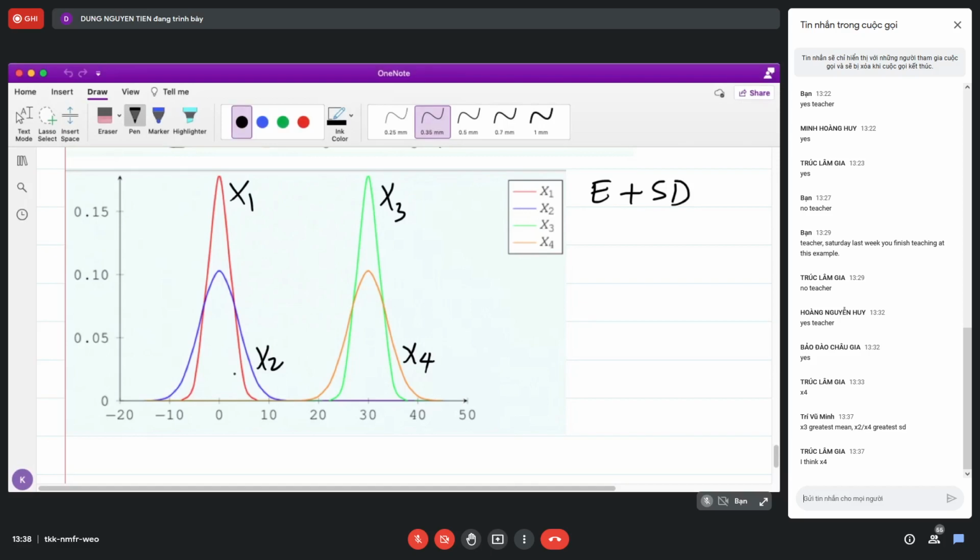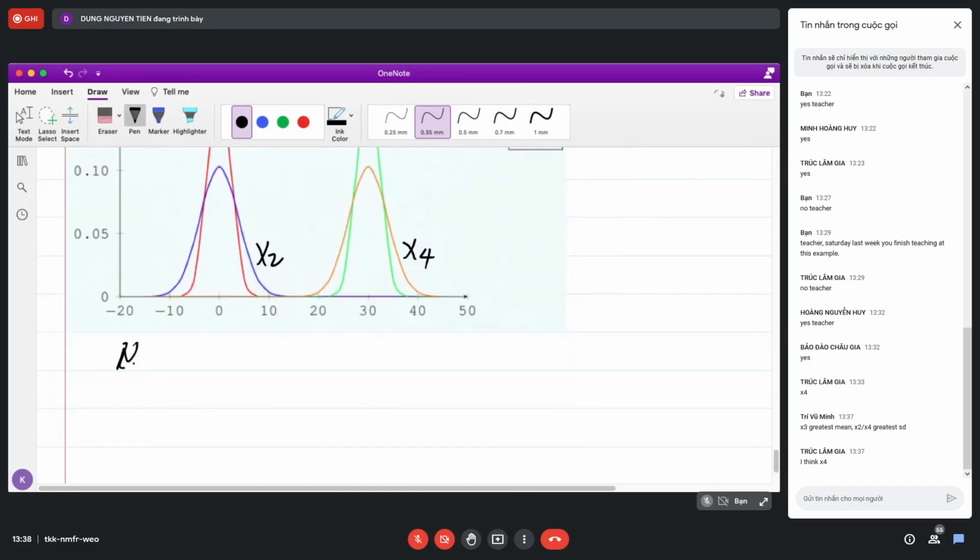Concerning the mean value, you will see that the mean value is used to describe the center of the whole data set, of the distribution.